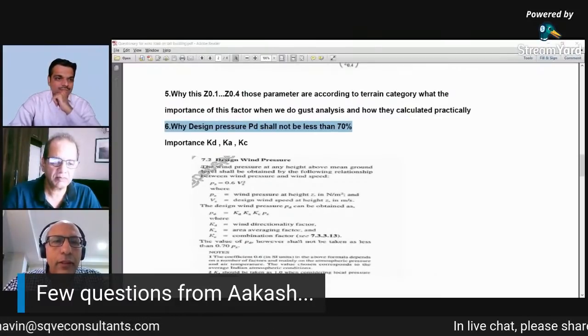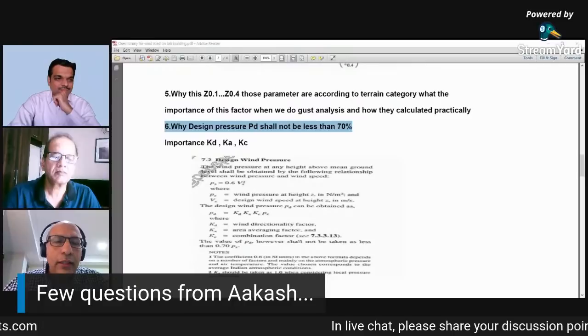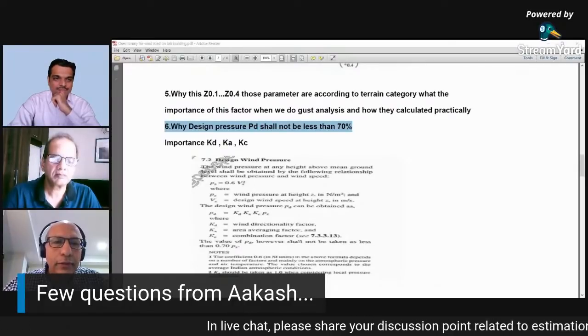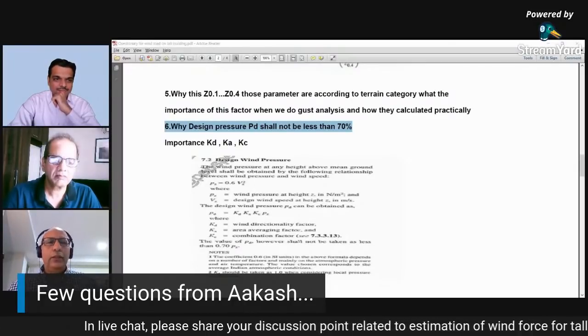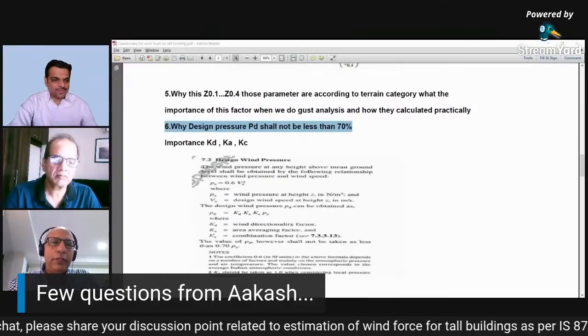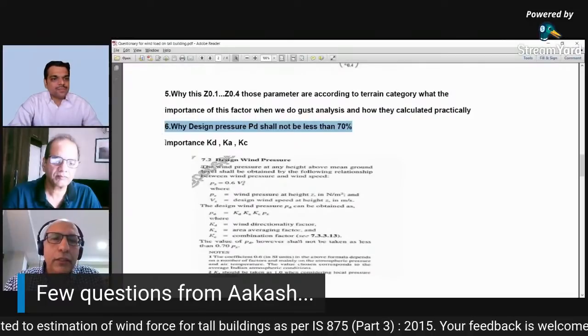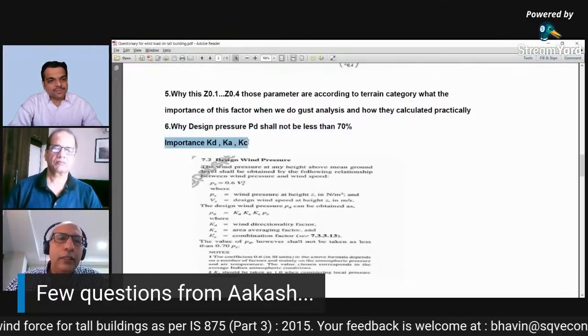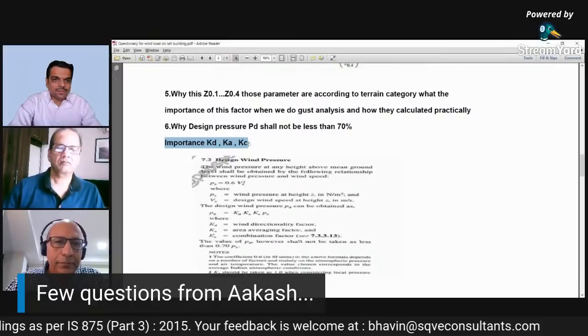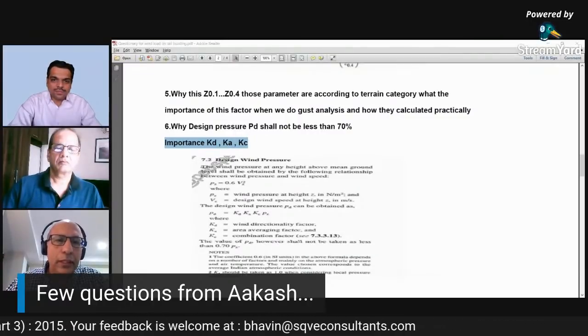Okay, so KA is the area reduction factor. The larger the effective area, the smaller the pressure, because the peak pressure is not very well correlated over the entire area, so you can apply a KA.